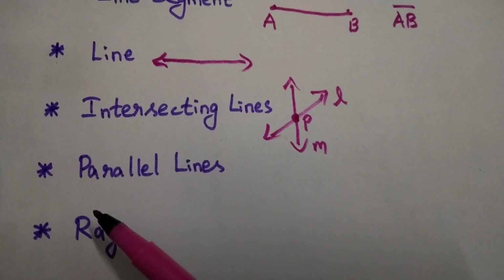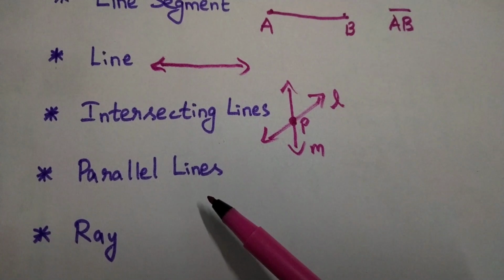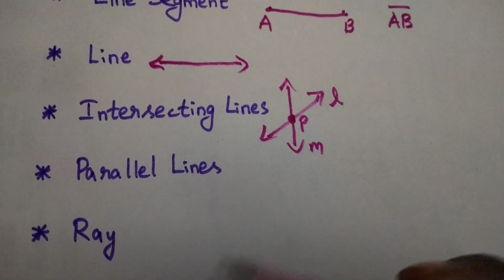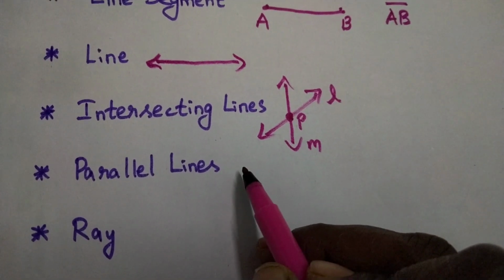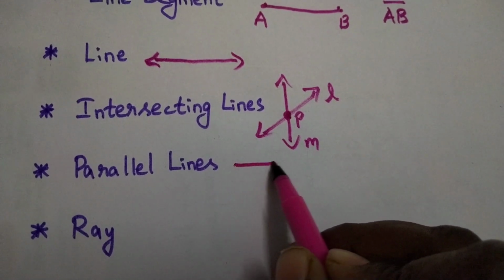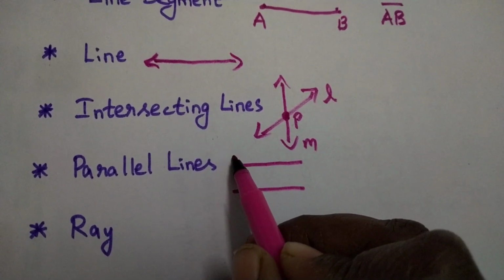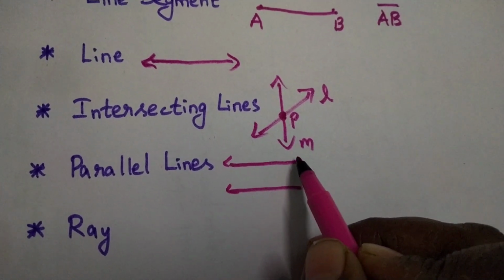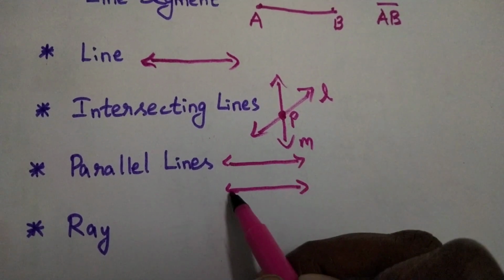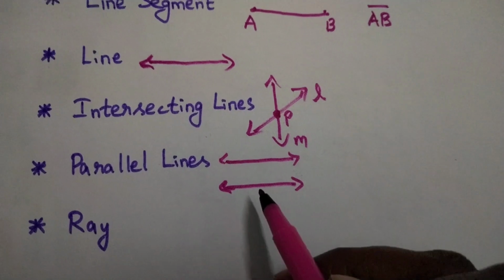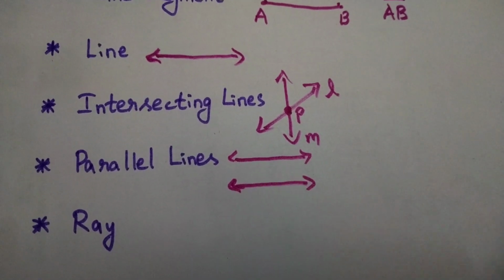Next we are going to see parallel lines. Unlike intersecting lines, parallel lines do not meet anywhere. So parallel lines means they won't meet at any point, but they will travel at equal distance.